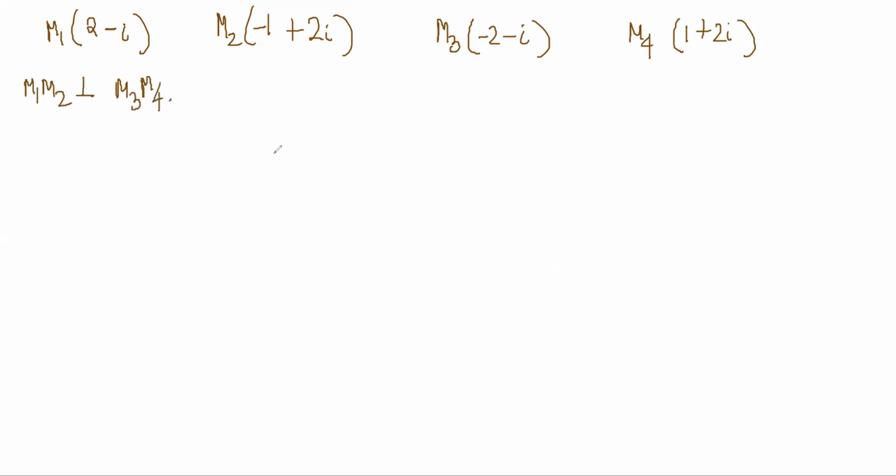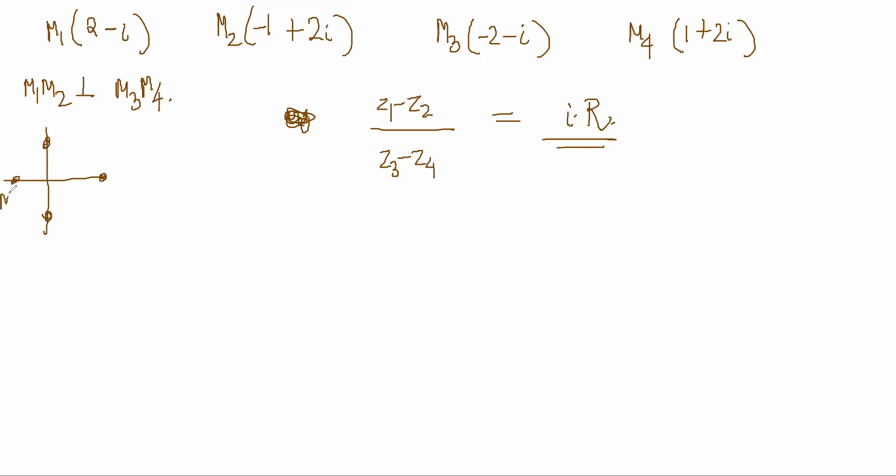So how will we check that? We'll not even say argument, we'll directly say Z1 minus Z2 by Z3 minus Z4 should be i times some real number, right? Then only M1 M2 and M3 M4, then only this angle is 90, right?